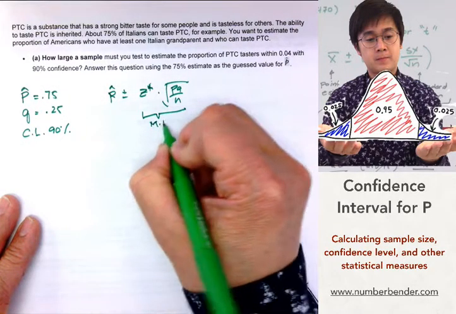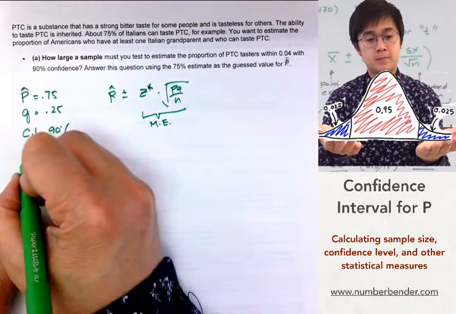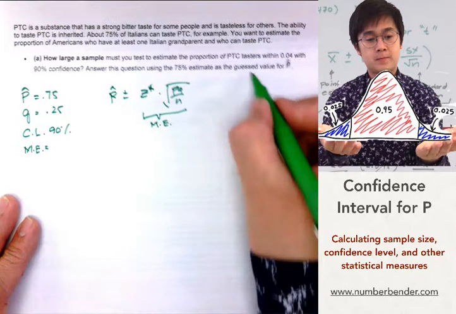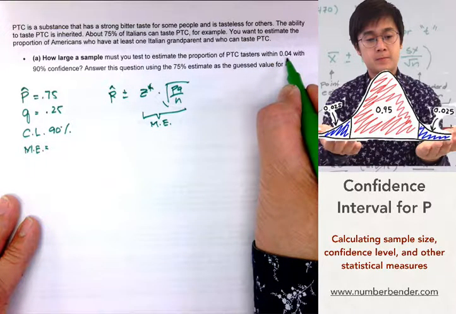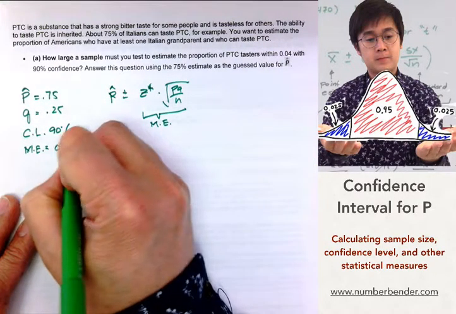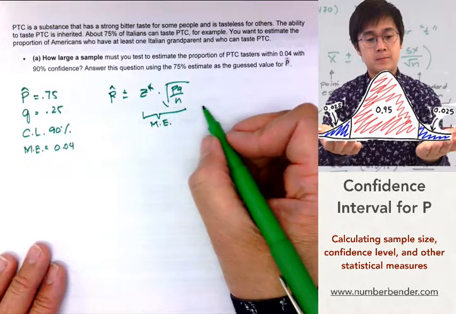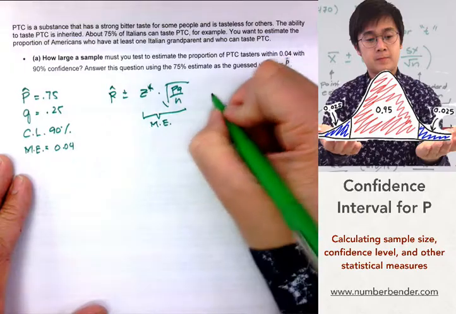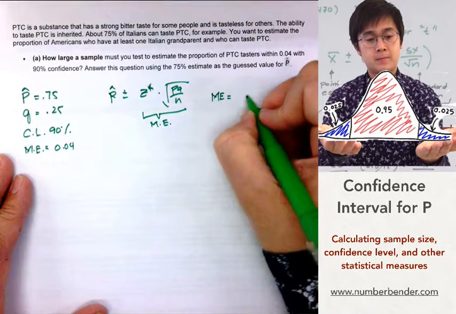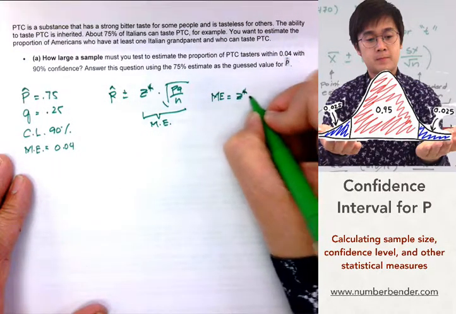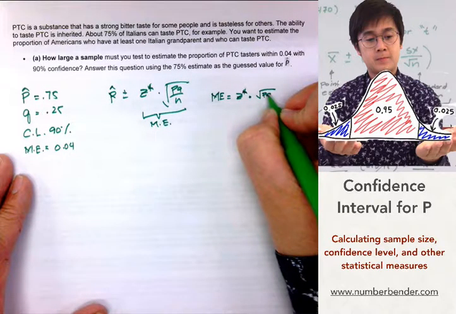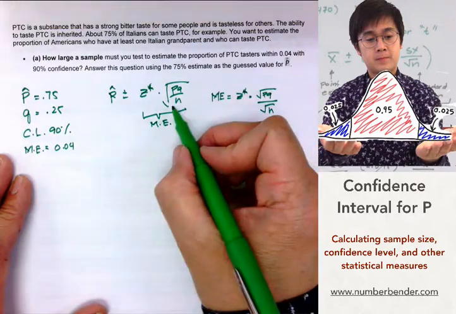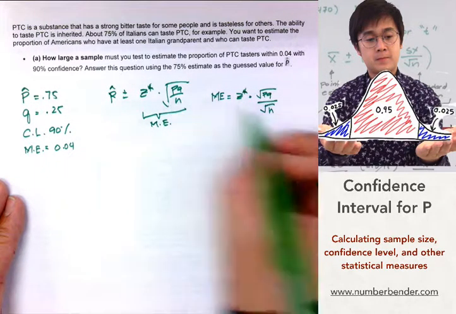Kasi given din tayo ng margin of error here, which is 0.04. So, from this formula, pwede natin ma-derive yung sample size kasi yung margin of error natin pwede natin equate sa Z star multiplied by square root of PQ all over square root of N. So, pwede natin i-modify itong function na ito into separate square roots.